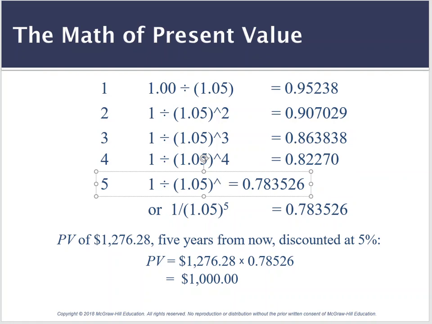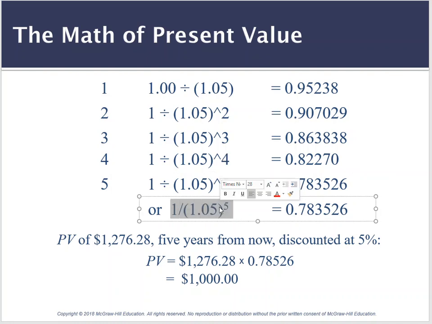Now, if you were to calculate those values, you should get these values, and if you sum those up, they are equal to 1 divided by 1.05 to the fifth power, excuse me.